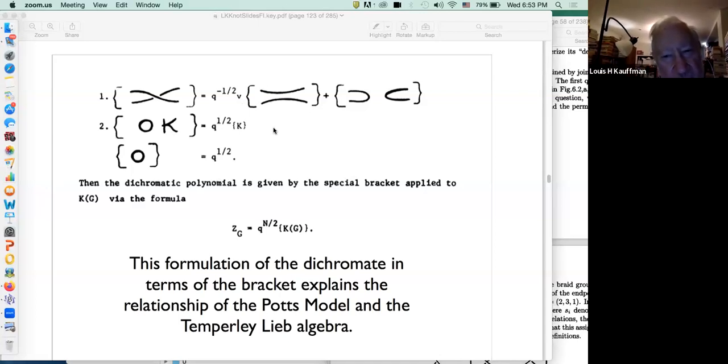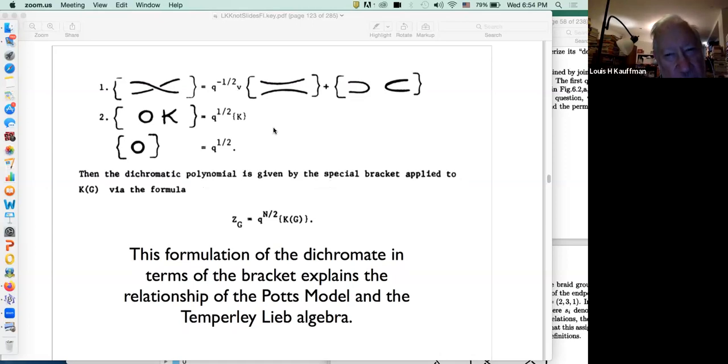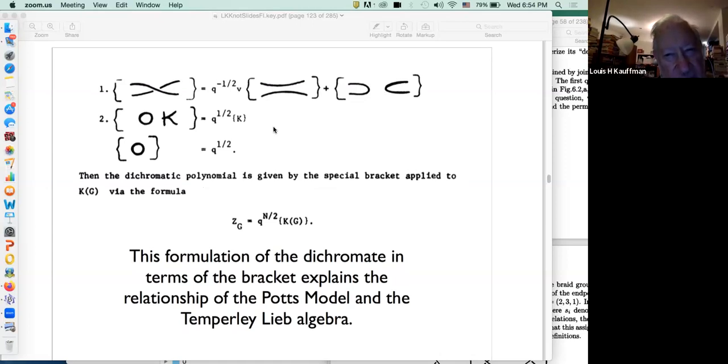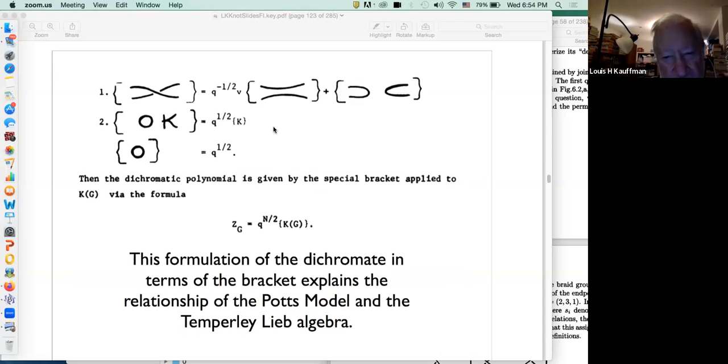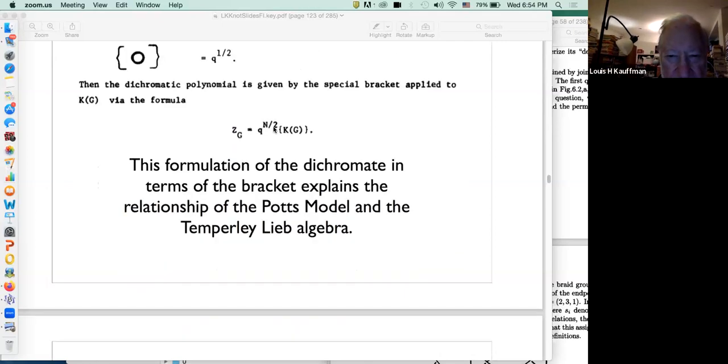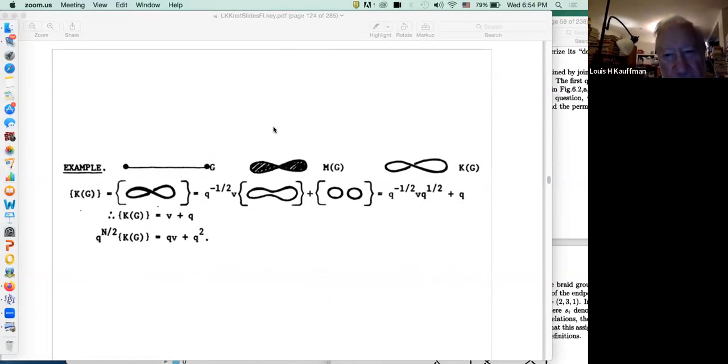And this correspondence is very, very interesting. And it hasn't been fully understood to this day. We're many years on from when this was discovered in the 1980s, but I think there's a lot more to discover about this that needs to be understood, and particularly in relation to generalizations of the bracket, which we're about to talk about.